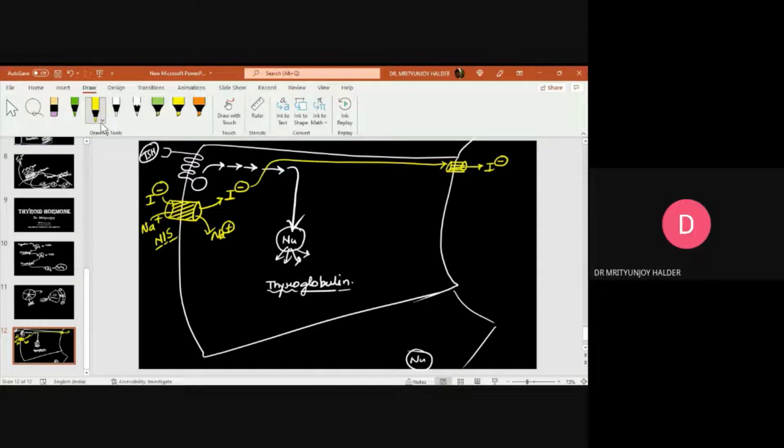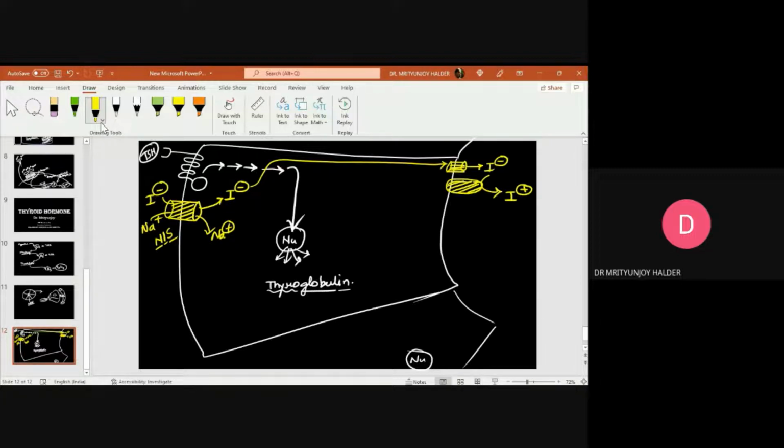Now, here in this central hollow space, one ectoenzyme is present. That enzyme converts the iodide into I plus ion.